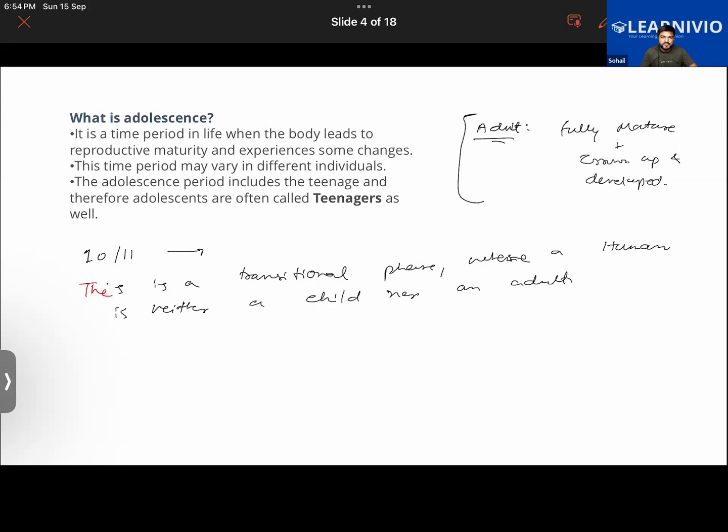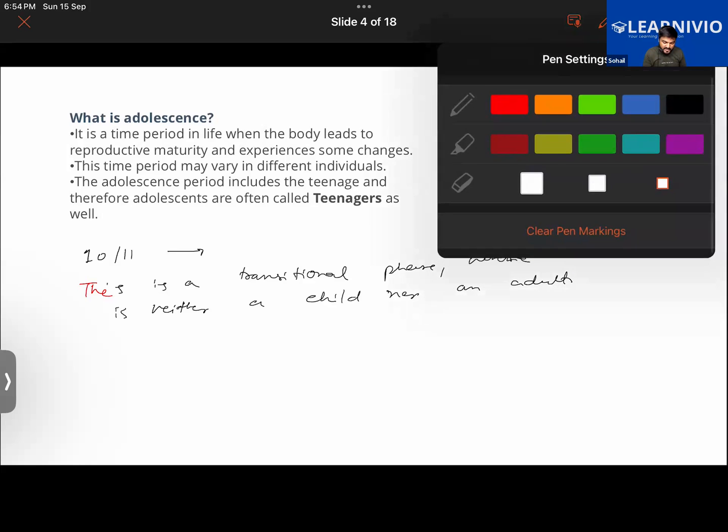Okay, so the person is neither a child nor an adult, and this is a transitional period where physical and mental development occur between childhood and adulthood.